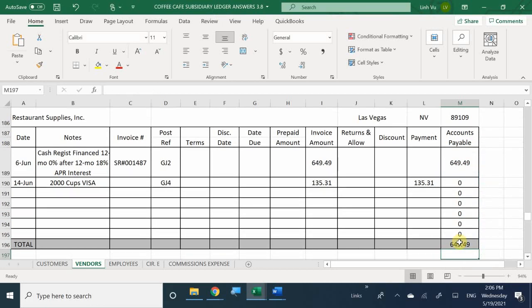Okay, so here in grand total, I still end up owing restaurant supplies $649.49 because I still owe money on that cash register.